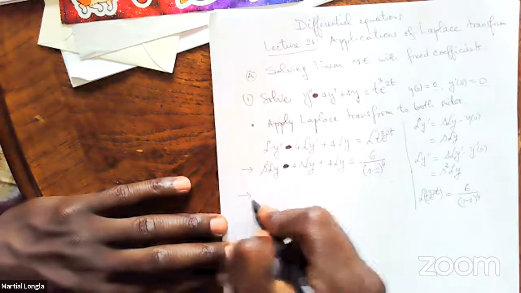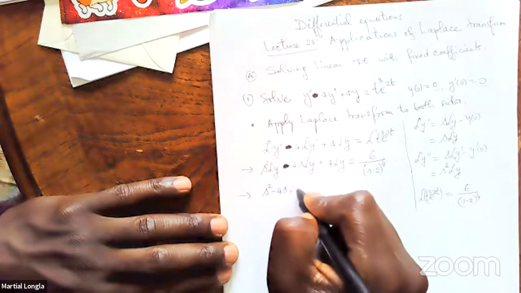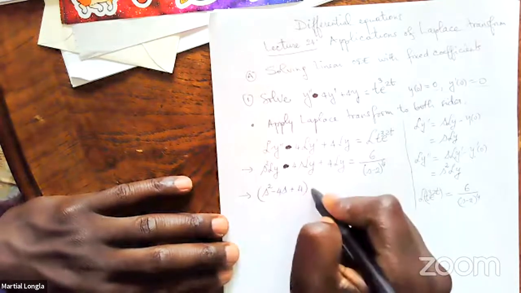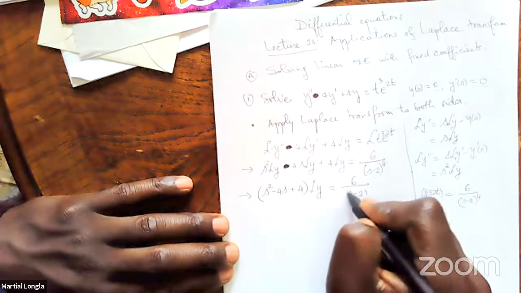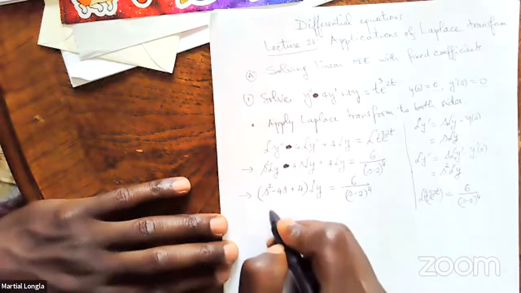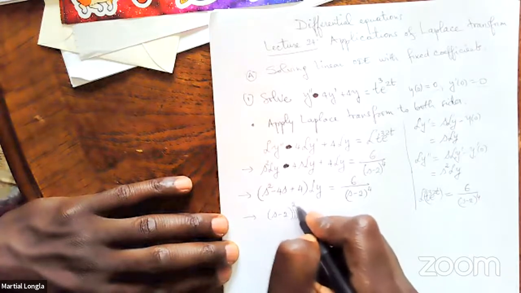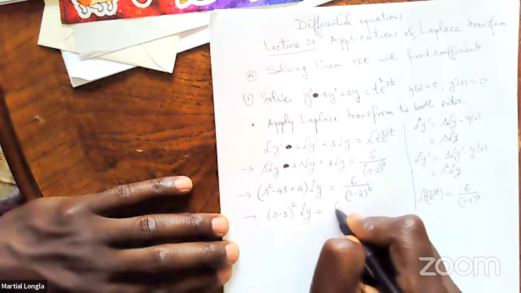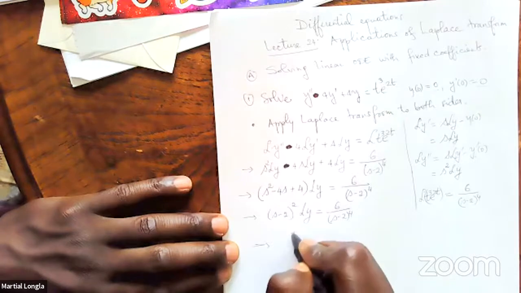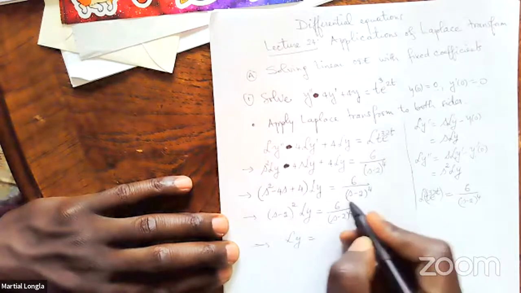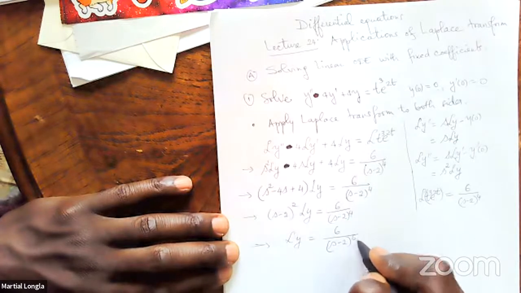And so here, you solve for Laplace transform of y: that's s squared minus 4s plus 4 times Laplace transform of y equals 6 over s minus 2 to the fourth. And this is s minus 2 squared. So Laplace transform of y equals 6 over s minus 2 to the fourth, or Laplace transform of y equals 6 over s minus 2 to the power 4 plus 2, 6.